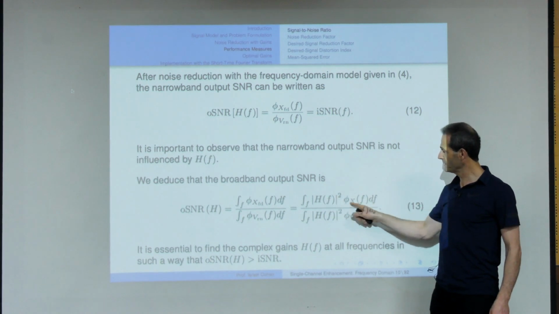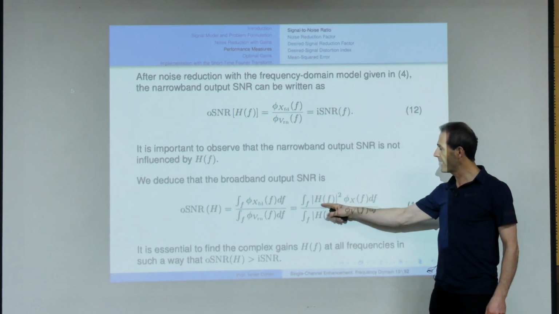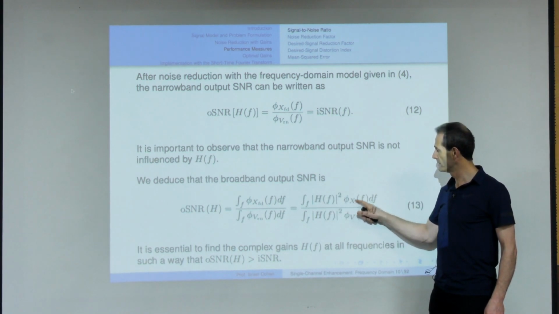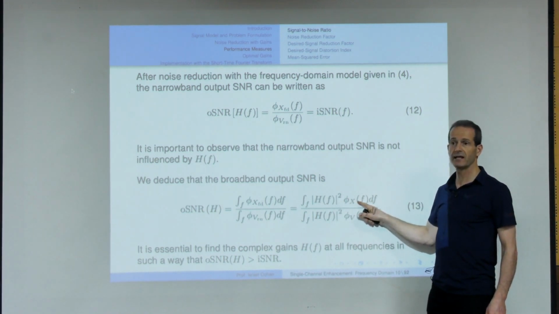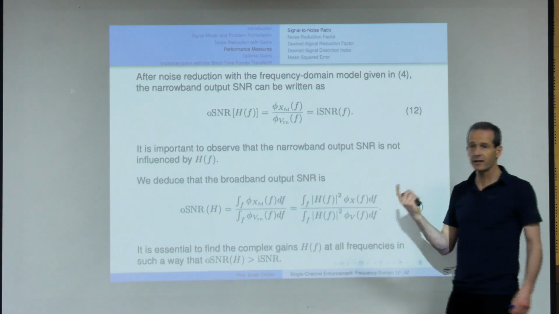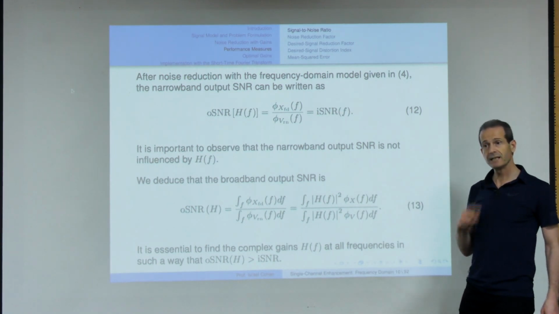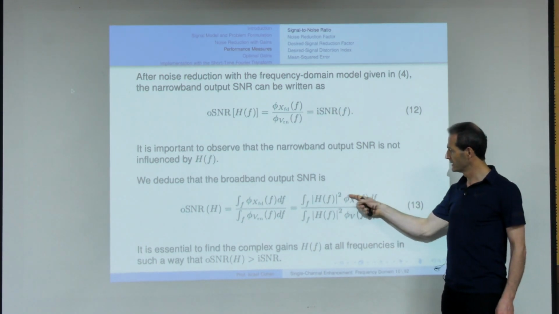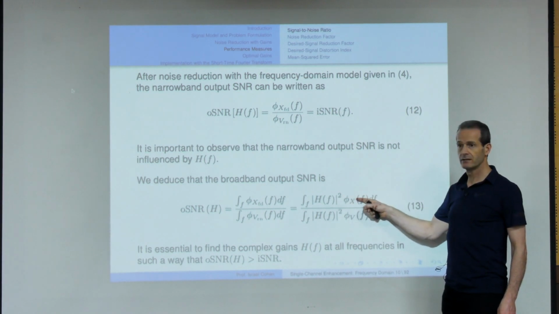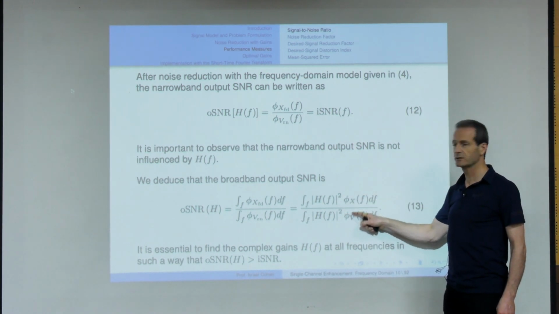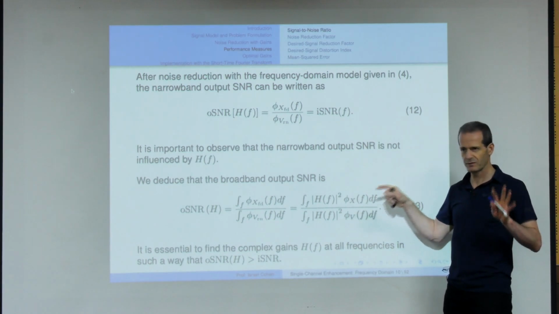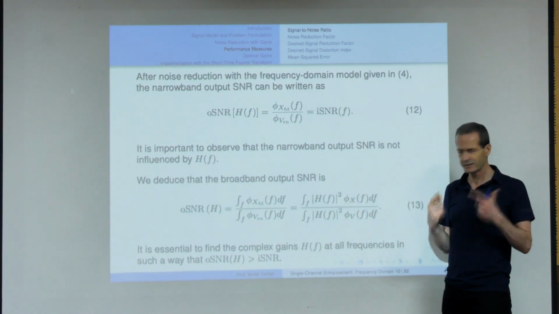It's better for me to take higher H when phi x is high, because then the integral will be higher. Which means that when the signal is higher, we said that this is constant. Just for the example, I try to simplify things so you get intuition.